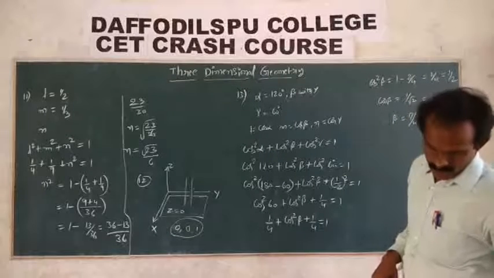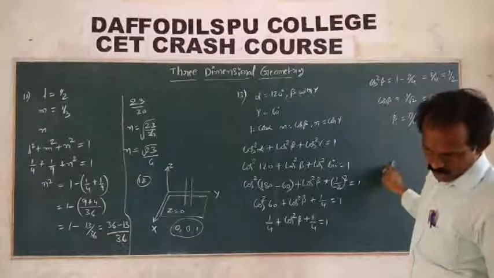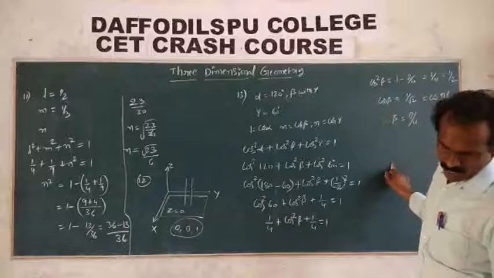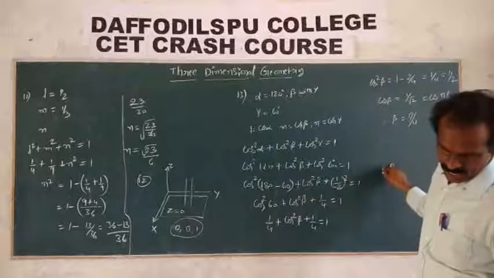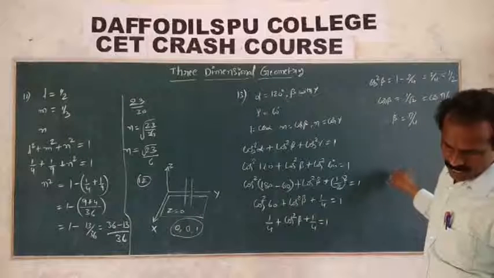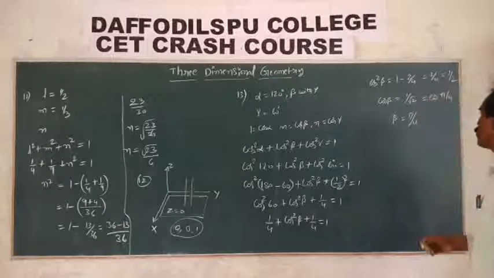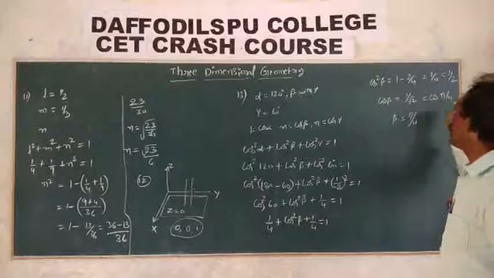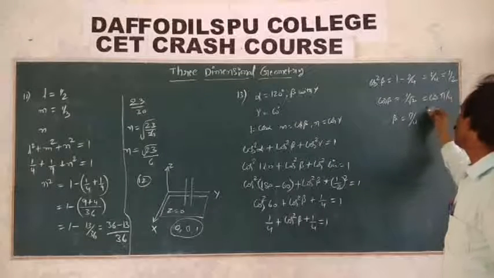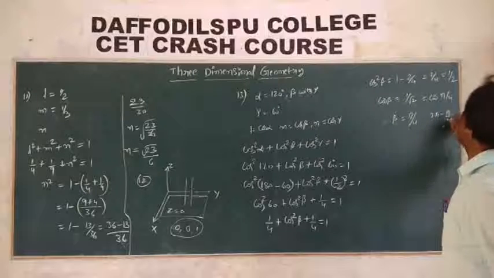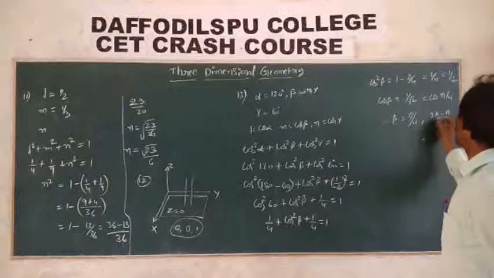Therefore, beta is equal to pi by 4, that is 45 degrees, the angle made by the line with the positive y-axis. Okay, one more value: pi by 4, and cos value also in the fourth quadrant, 2 pi minus pi by 4, which is 7 pi by 4.